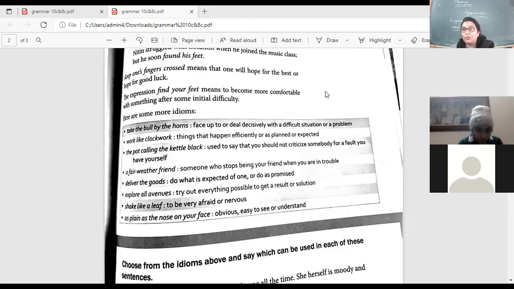But when the weather becomes stormy, cloudy, rainy, everybody disappears. So like that, fair weather friend: when the weather is good, when the conditions are good, these people come, but they disappear when you are in bad times. Is this clear? Fair weather.